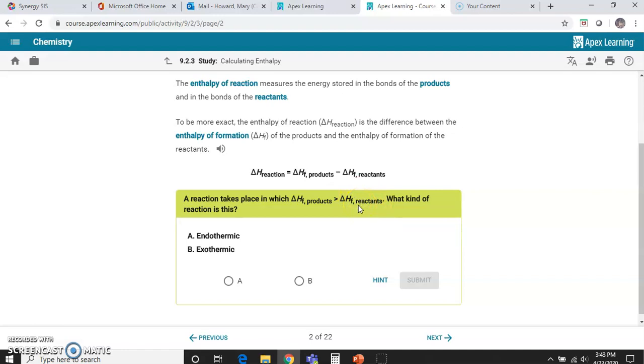Going back to endothermic versus exothermic from the last quiz and the last video, I remember that endothermic is positive. Meaning, if I subtract these two things, I'm going to get a positive number, because the products are greater. Say I had 5 as the change of energy for products, and I subtract my reactants having 2, it's a positive 3, meaning the product 5 was bigger than 2, and it's endothermic.